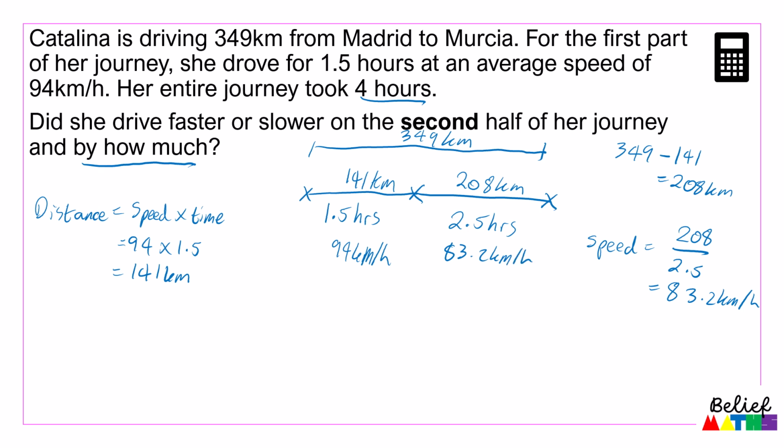So the answer here is that she drove slower in the second half. And by how much? Well, we'll just do 94 minus 83.2, which gives us 10.8 kilometers per hour. So slower by 10.8 kilometers per hour.